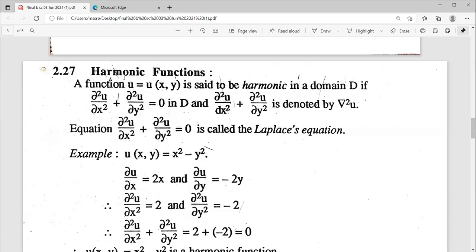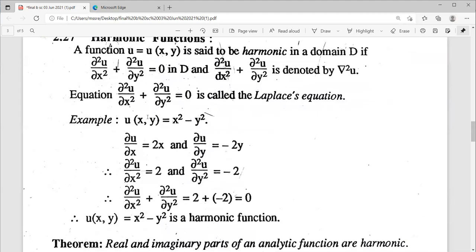So a function is harmonic if it satisfies the Laplace equation. Let us have an example now. Check whether u of xy equals x square minus y square is harmonic.